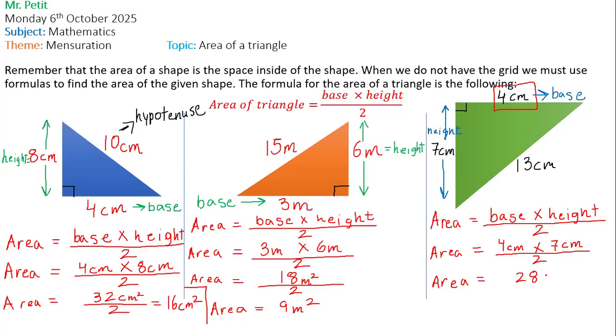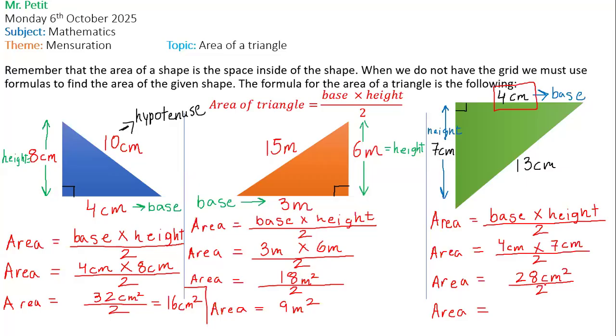But remember, we have to divide that by 2. So the area is going to be equal to 28 centimeters squared divided by 2. When y'all divide it by 2, what did you get?